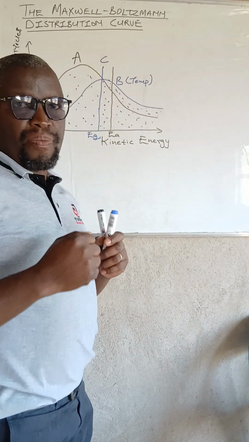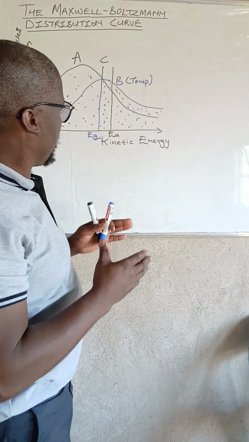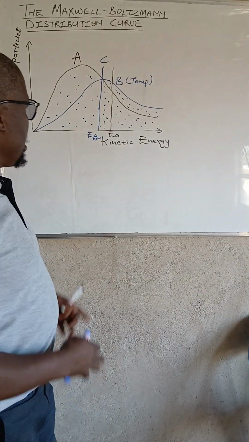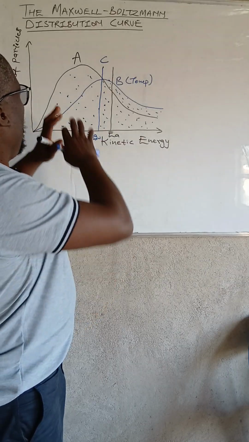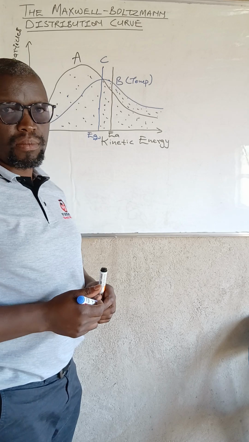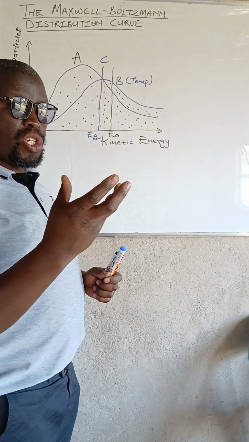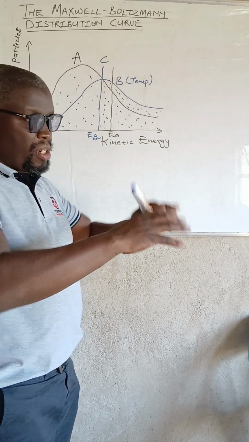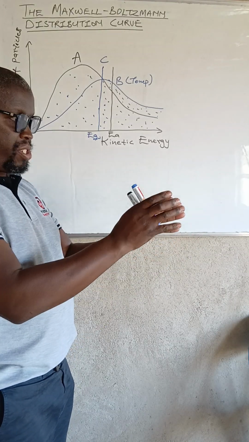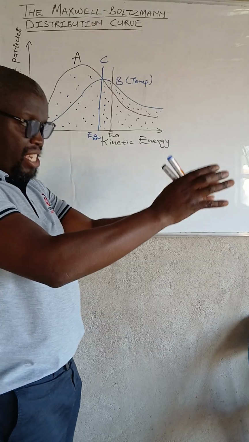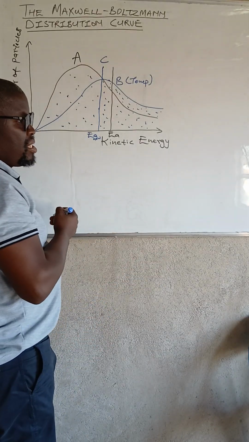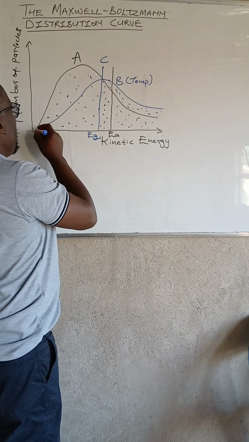The last factor that you have to look at is that of concentration. What is going to happen if the concentration of the substances over here increases? Concentration actually has got to do with the number of particles in a given space, or the number of moles in a unit of volume. So, if concentration increases over here, this is what is going to happen.